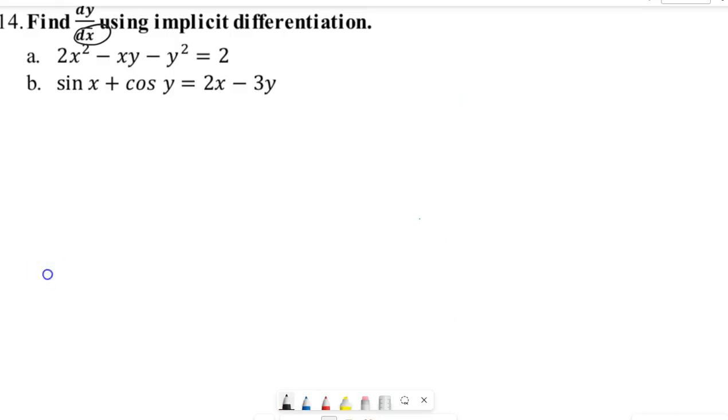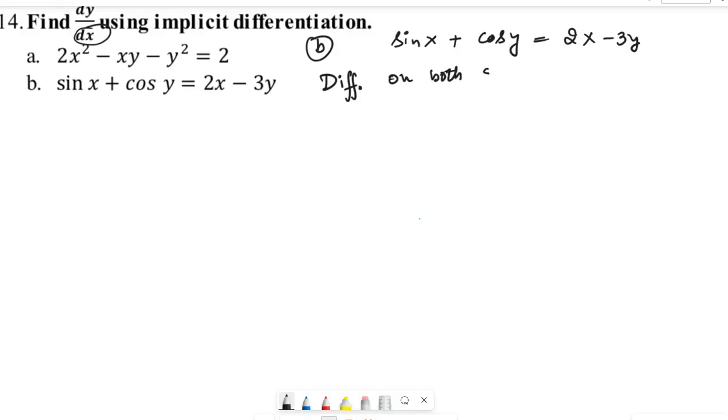Okay. Let's work on part B. Part B has this equation: sine of x plus cosine y is equal to 2x minus 3y. Again, the implicit differentiation method is to differentiate on both sides with respect to x. The derivative of sine x is cosine x.